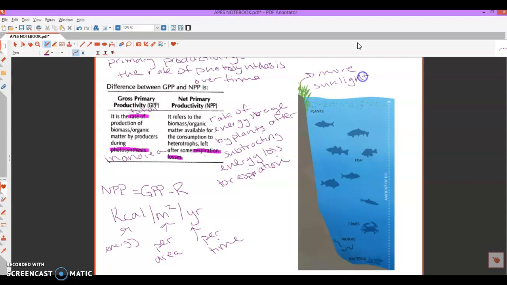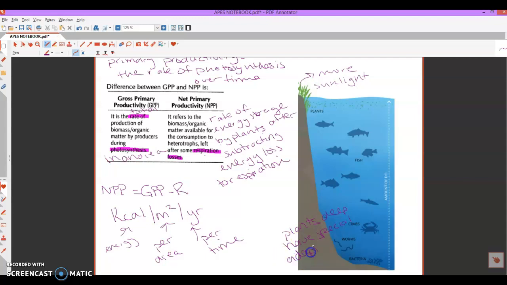But if you think about the very bottom of the ocean, what's happening here? There are organisms here that obviously need oxygen to survive, and that oxygen comes from plants. So plants this deep have special adaptations.